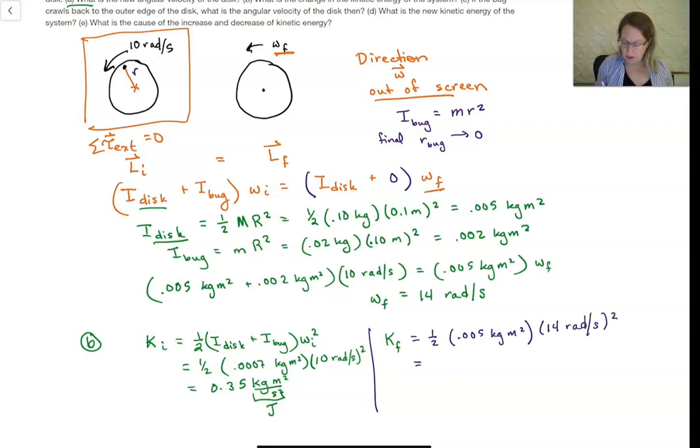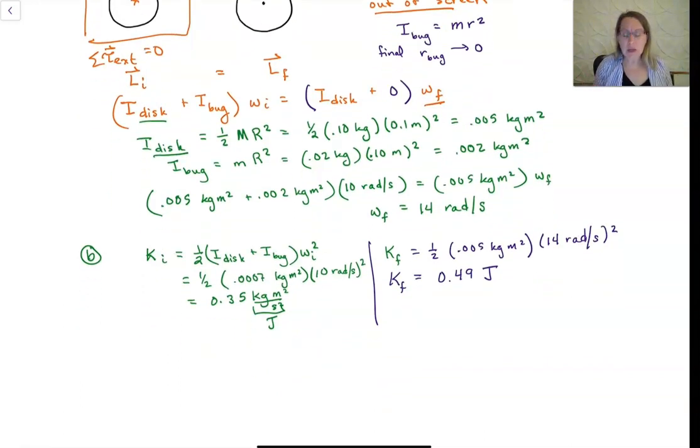When I work that out, my final kinetic energy becomes 0.49 kilogram meter squared per second squared. Remember, again, the radians drop out as we need to, and that's joules. So we've actually increased the kinetic energy. The change in kinetic energy, final minus initial, is going to be 0.49 minus 0.35, 0.14 joules.